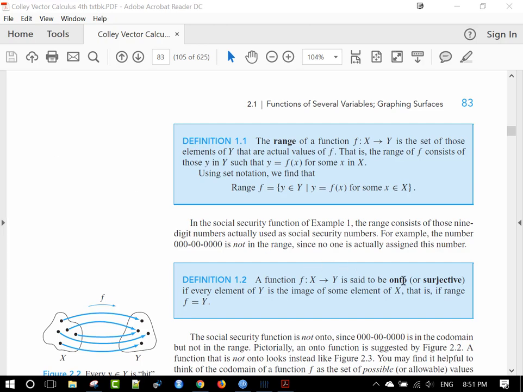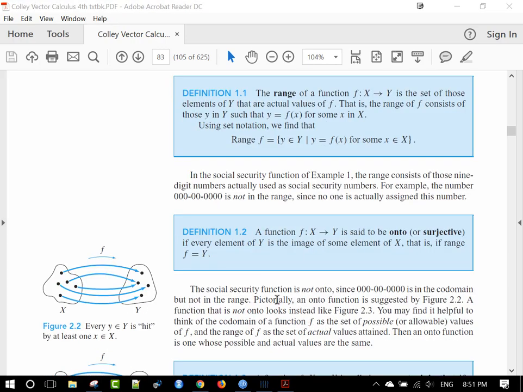Okay, we also have a word called onto, or surjective. That means every element in Y is the image of some element of X, that is, the range of F equals all of Y. It means every element in Y gets hit by something. So they say the social security function is not onto, since this is in the codomain but not in the range.